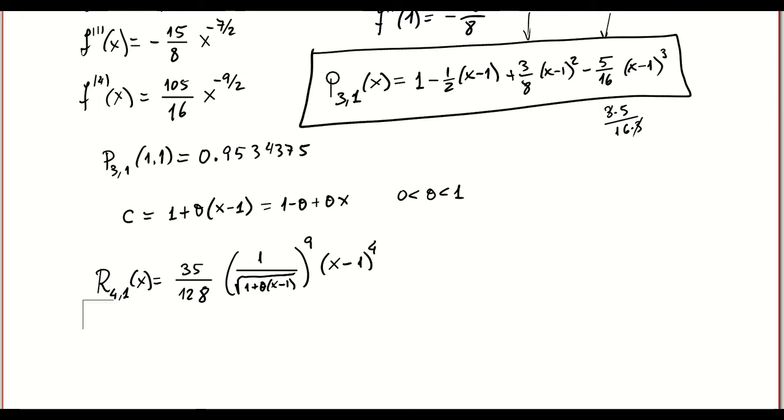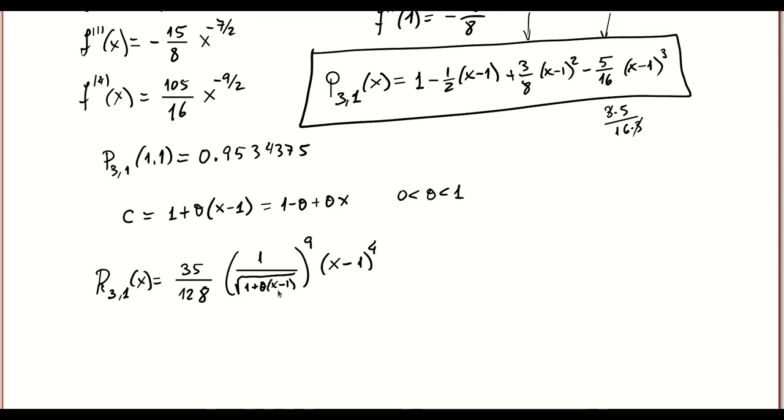Okay, sorry, this is not the remainder 4. This is what we call the remainder 3, because this is the remainder of the third order polynomial. Now, this is the difference between the function and the polynomial. So what we have to estimate now is an upper bound to the absolute value of this.